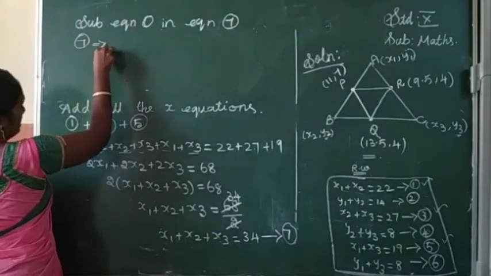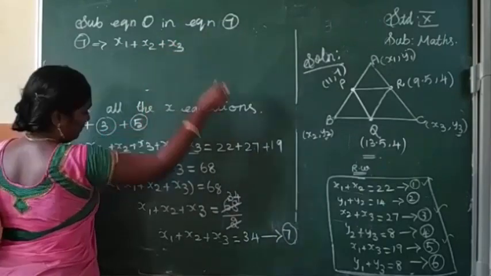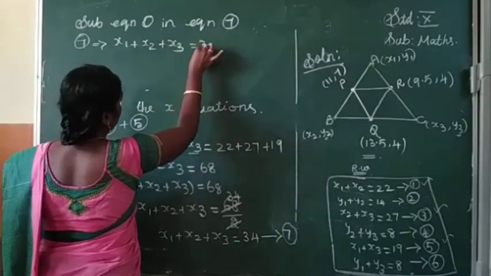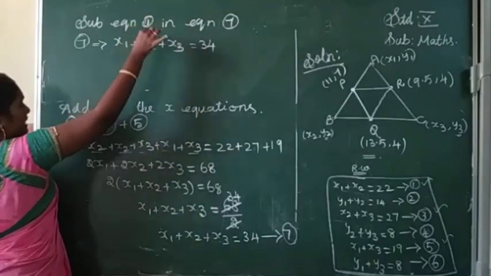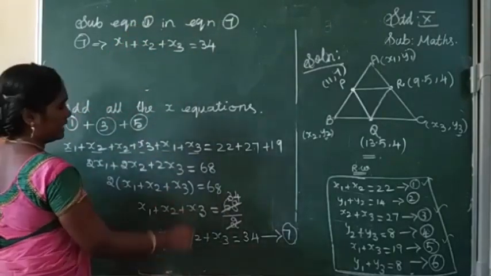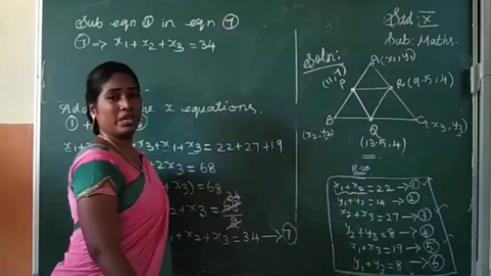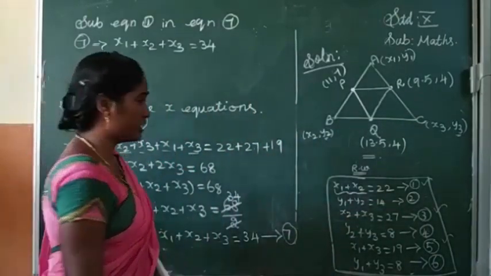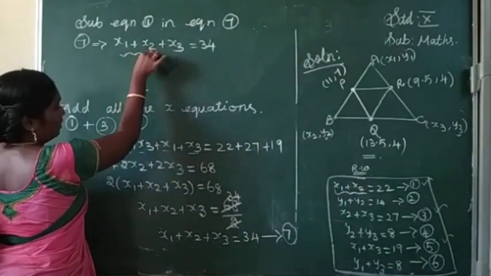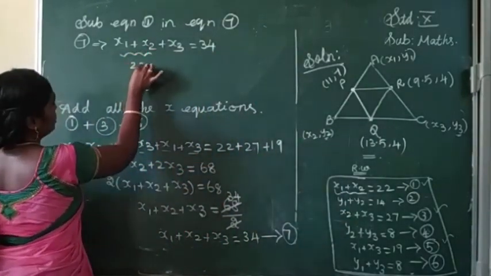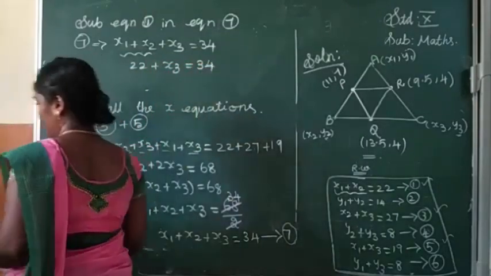Equation 7 is x1 plus x2 plus x3 is equal to 34. Now I am going to substitute equation number 1, x1 plus x2 is equal to 22. So instead of x1 plus x2, I am going to substitute the answer 22 plus x3 is equal to 34.